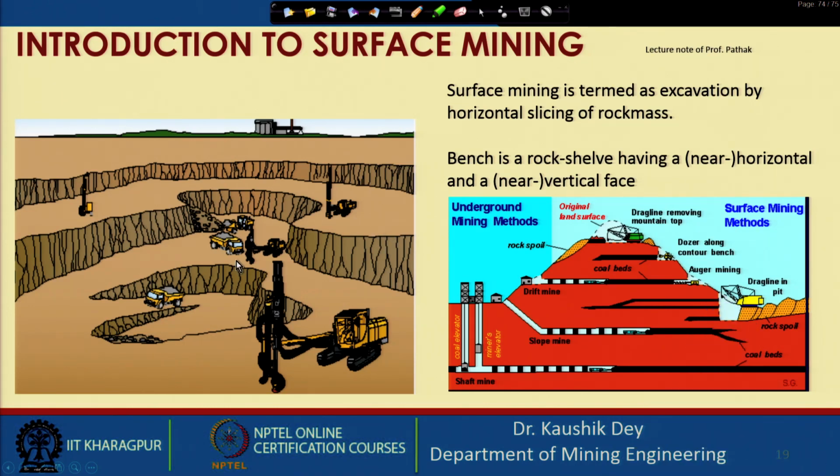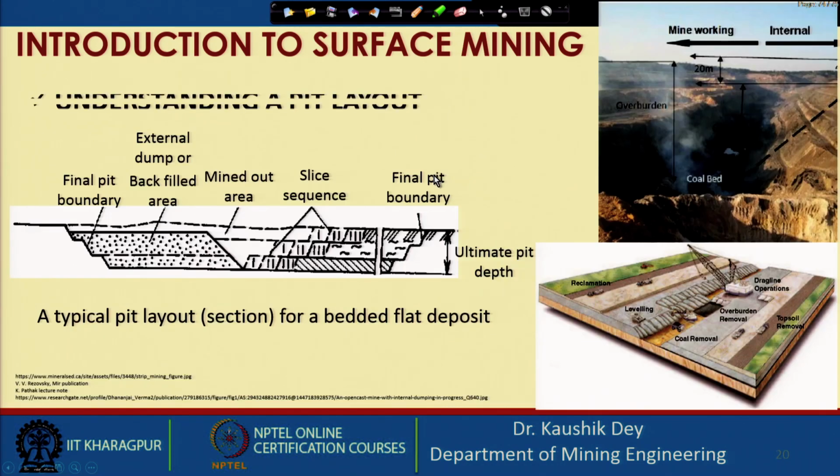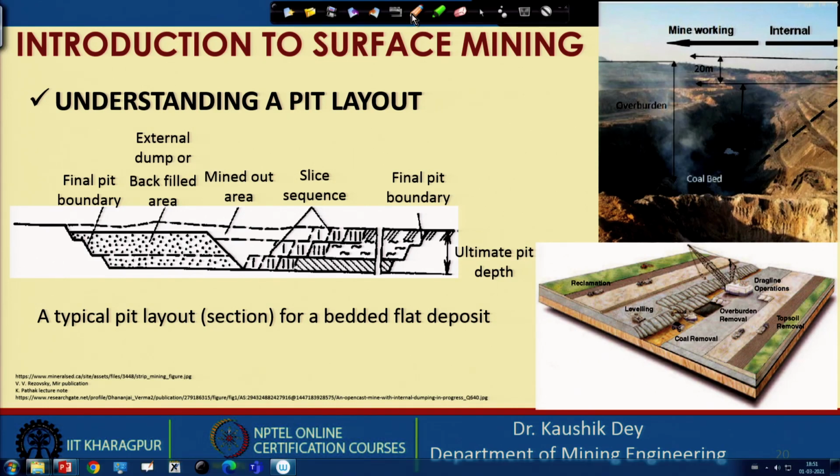This is a typical figure showing underground mining and surface mining together. In this figure you can see the sequencing of the excavation procedure. The mined out area is filled back with the overburden. So, this is the ore, and this is overburden.